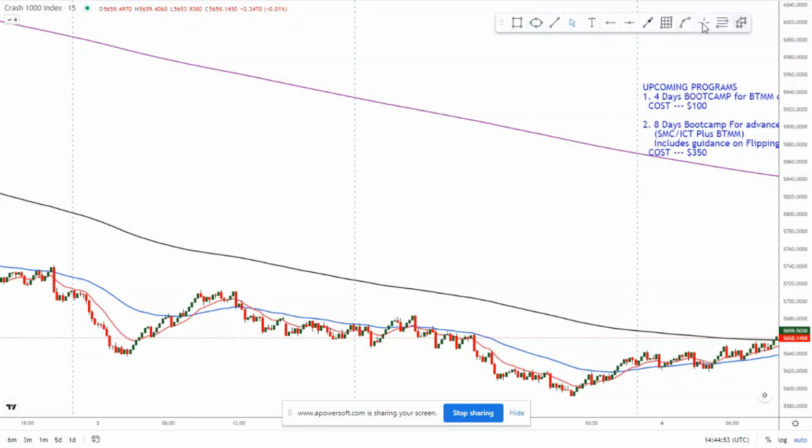Let's say the market has been dropping like this. That's why we normally get bounces off exponential moving averages, because they show us where the explosiveness is.